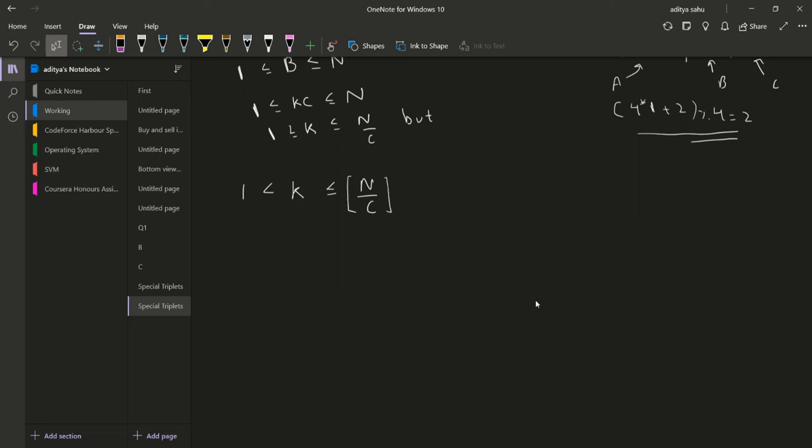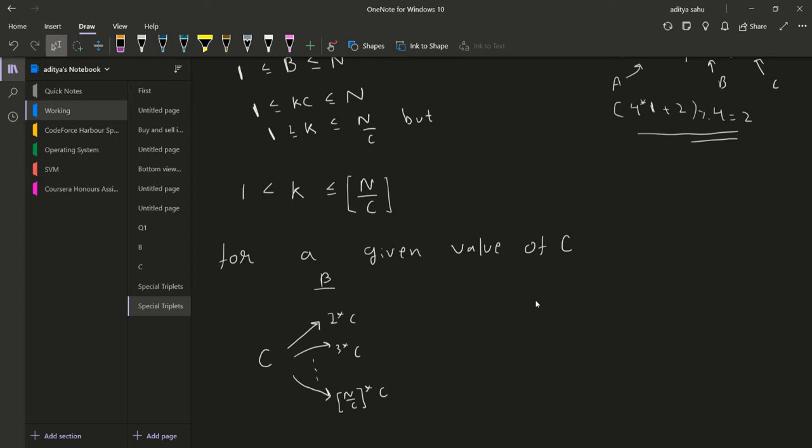So long story short, all I want to say here is this, that for a given value of c, the valid ranges for b value is nothing but 2 times c, 3 times c, and so on up till n by c times c.